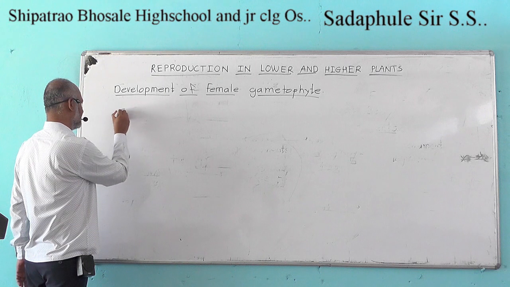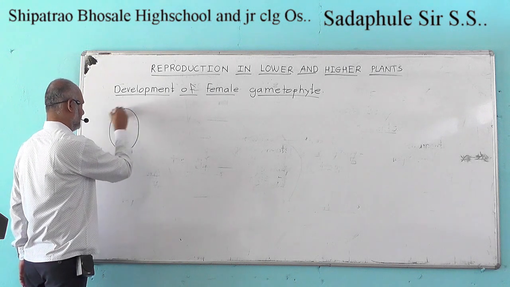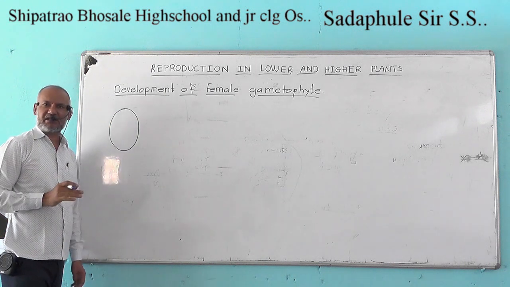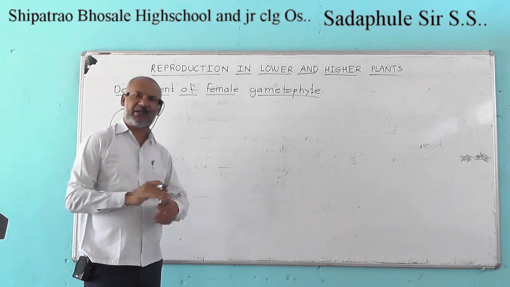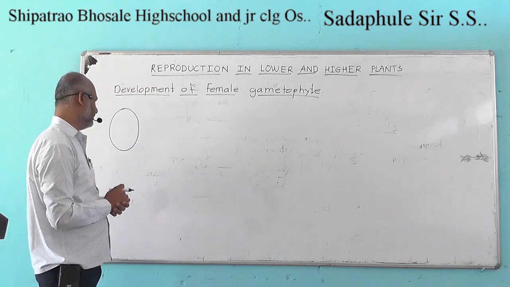Now, suppose it is the nucellus. In the nucellus there is the presence of diploid parenchymatous tissue.